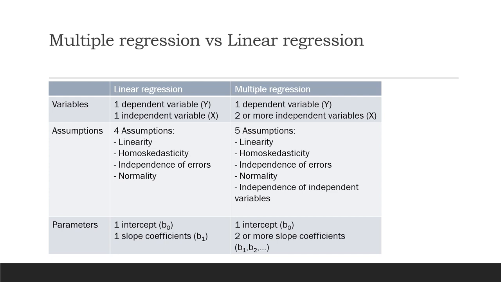The difference is the assumption of independence of independent variables, because they have two or more independent variables, so they need to satisfy the condition of independence between the different independent variables. We will look into more details of the total 5 assumptions.